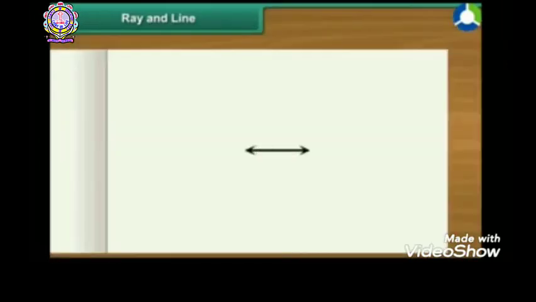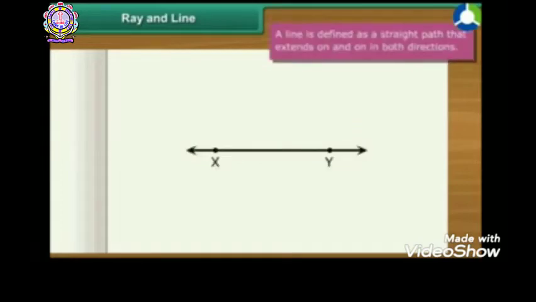What if a straight path extends on and on in both directions? This becomes a line, for example, line XY. Thus, a line is defined as a straight path that extends on and on in both directions.